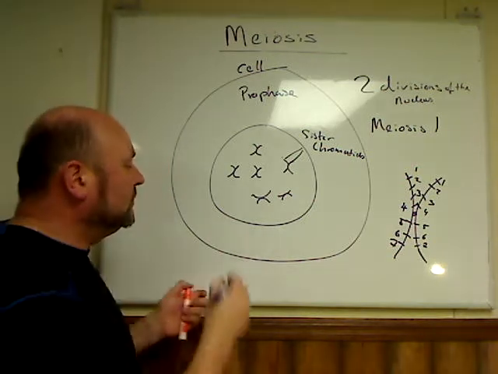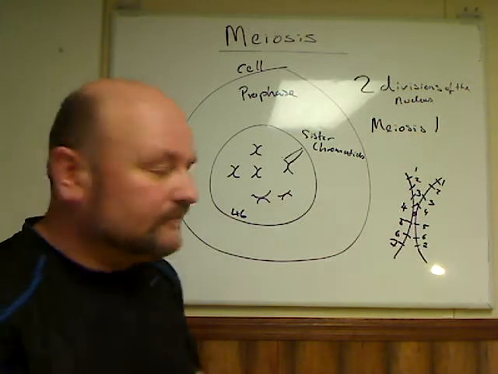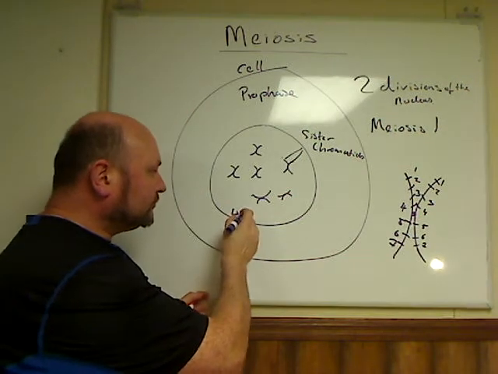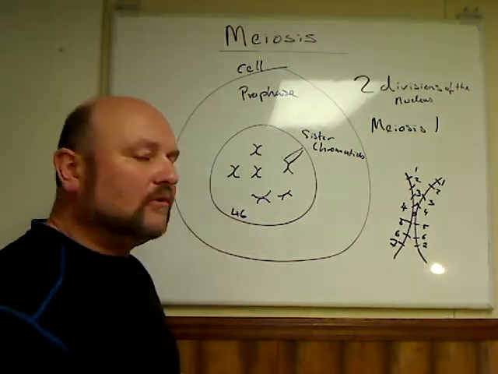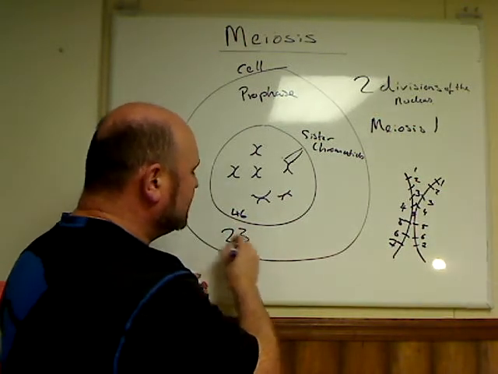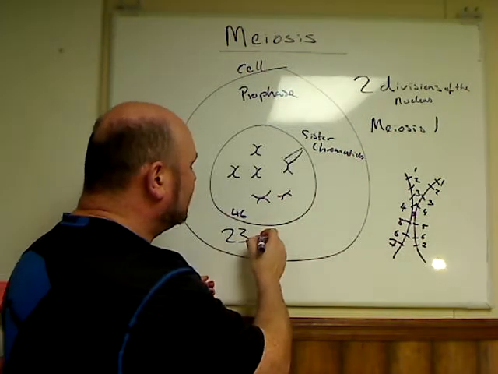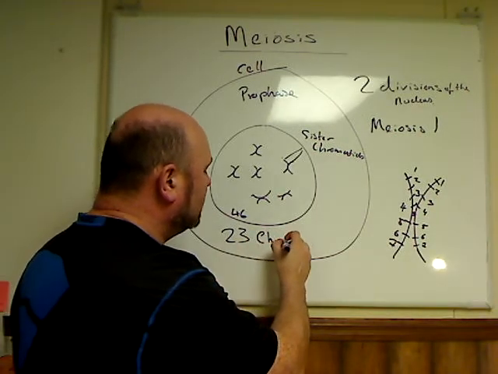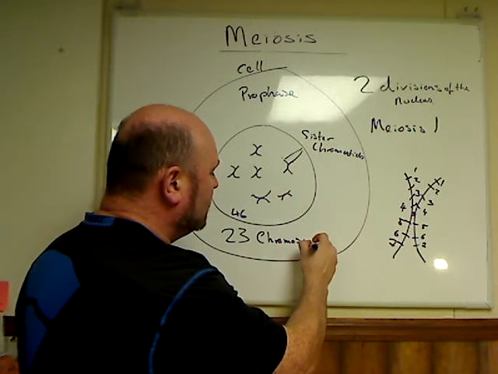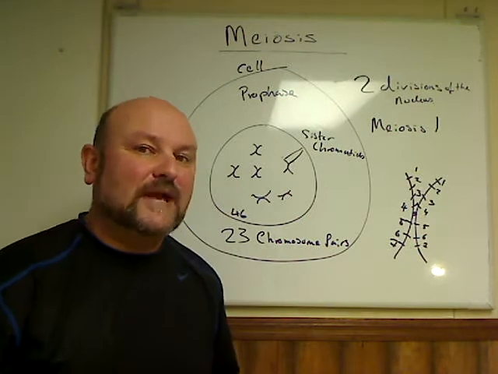Remember, in the human, 46 chromosomes. Now, there's an important number to note with that 46 chromosomes, and that is half, 23 of the 46. So we have 23 chromosome pairs.